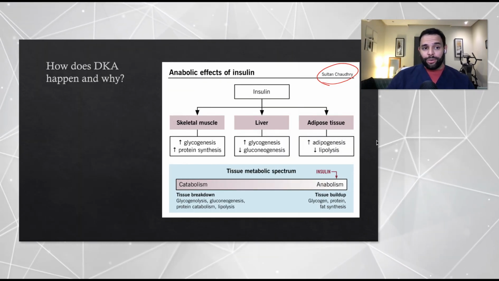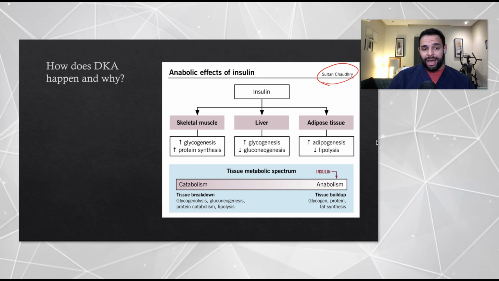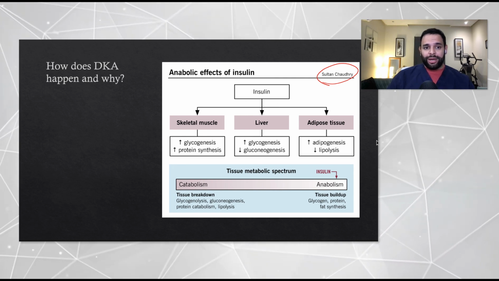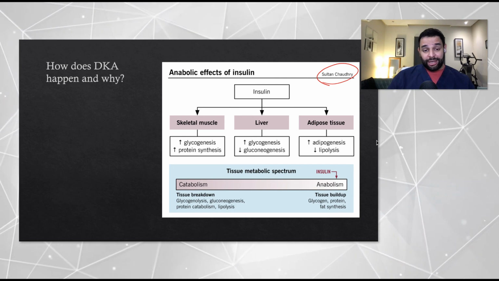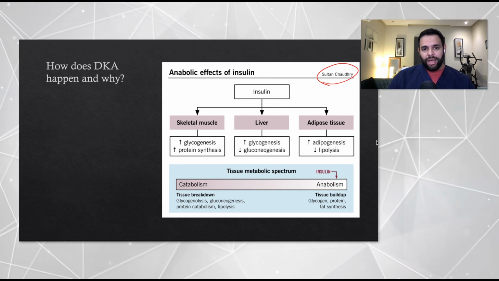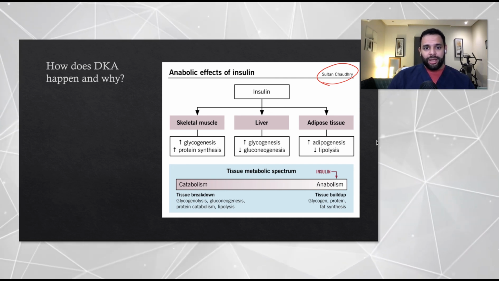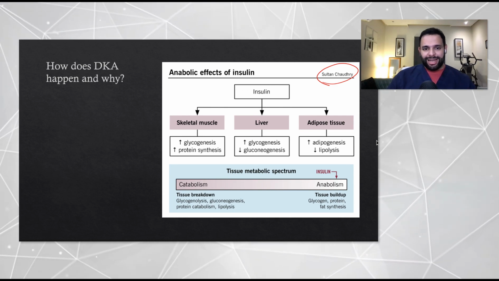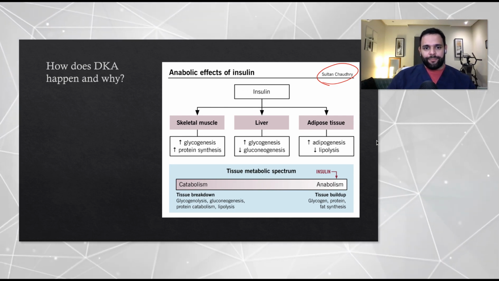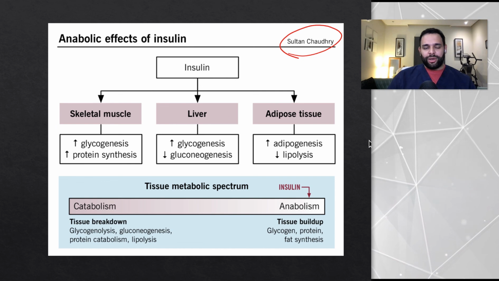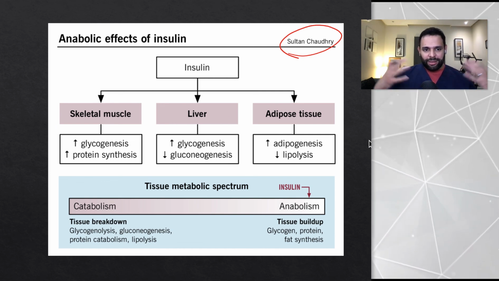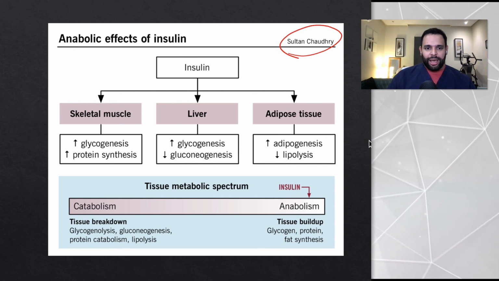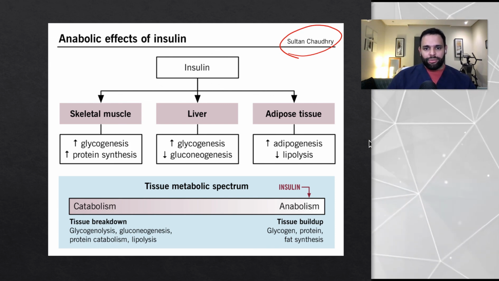Now, how does diabetic ketoacidosis happen and why? So insulin helps your skeletal muscle increase glycogenesis and protein synthesis, and at the same time it helps the liver increase glycogenesis and decrease gluconeogenesis. Basically, insulin helps the uptake and the build-up process, and that is the anabolic process.